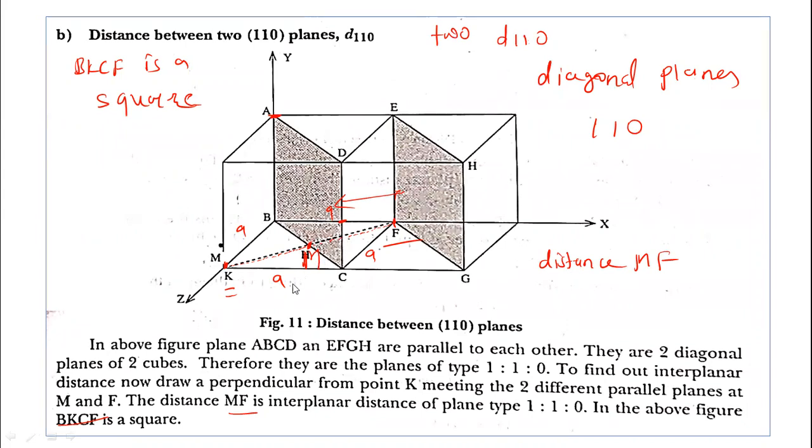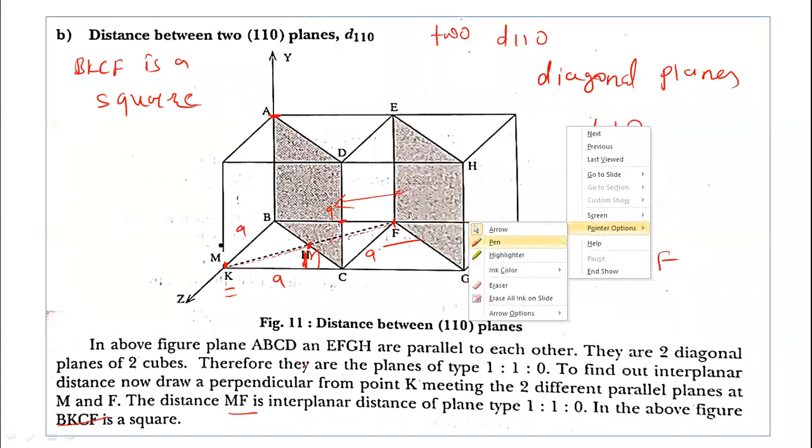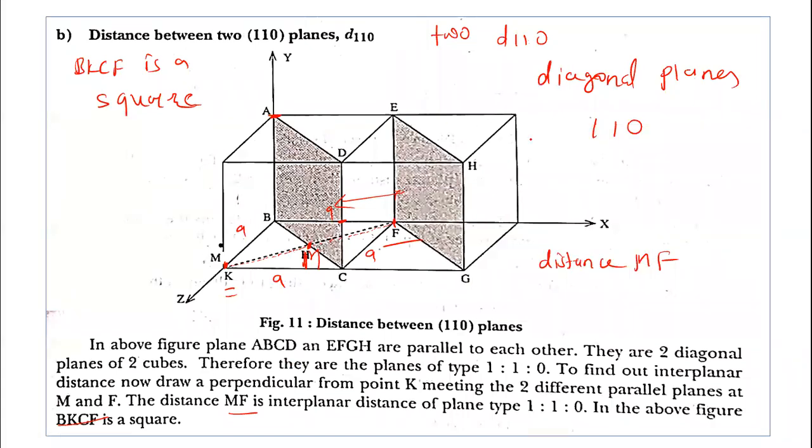According to the Pythagoras theorem, KF square is equal to KC square plus CF square.